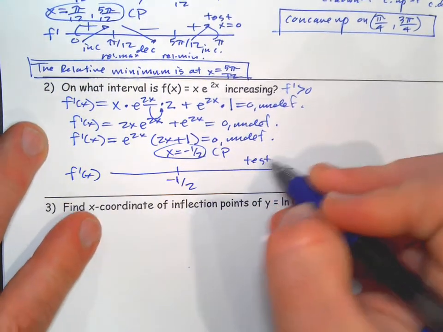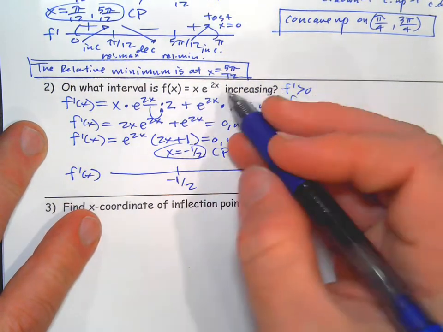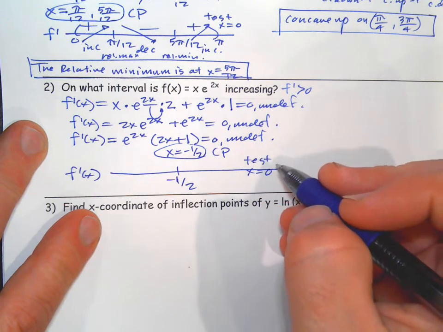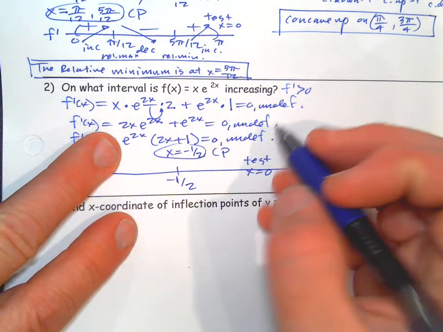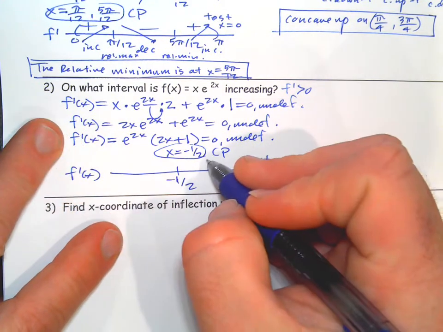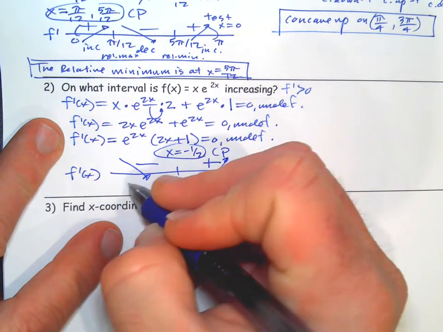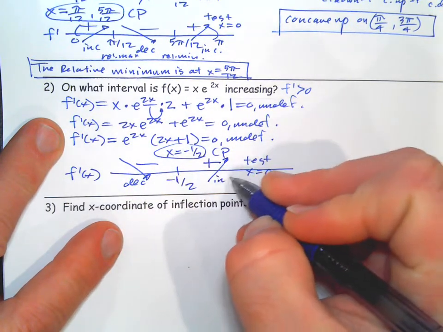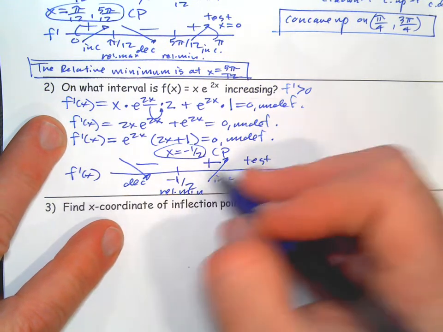Test point: x equals 0 in the derivative. It's going to give you 1. It's positive. Positive, negative, decreasing, increasing, relative min. So we want increasing.